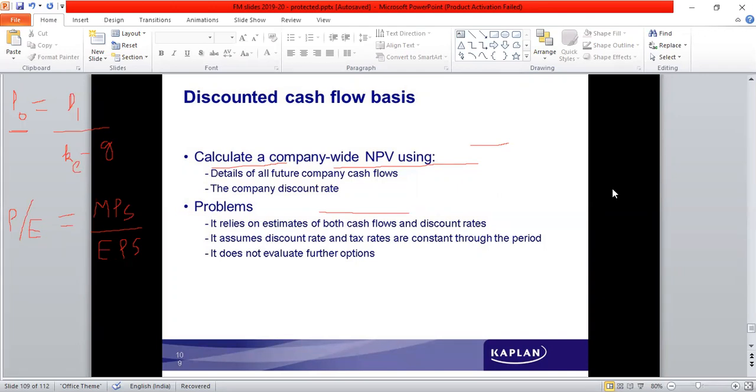Then it does not evaluate further options. It only estimates the future cash flows, takes a discount rate or a tax rate as constant values, and then discounts that. But risk-based adjustments are not taken into consideration. There may be later additions or expansions to the projects, or additional cash outflows needed. Those things are maybe not intricately included.